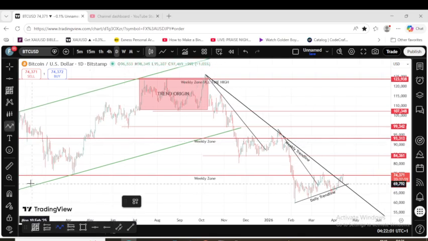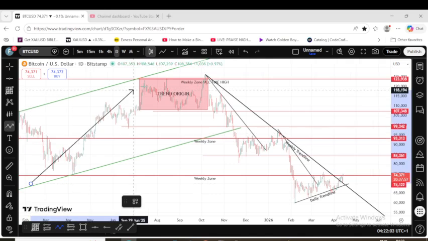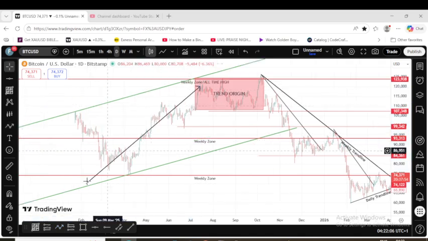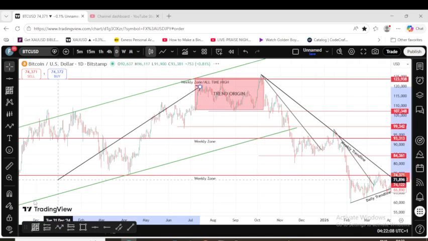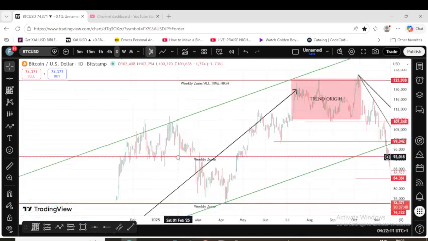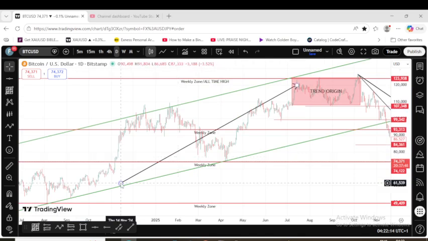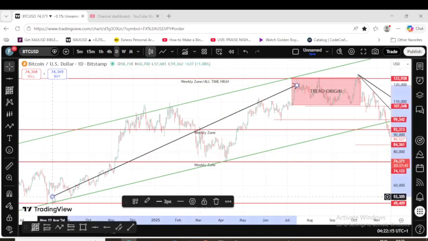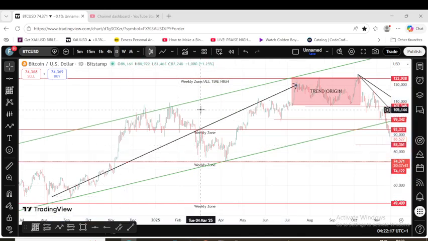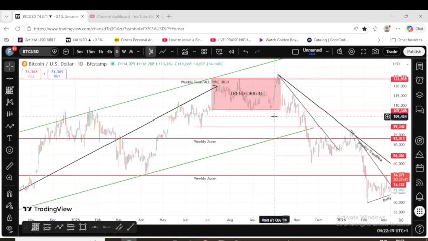Price was originally coming from an upward trend. Let's go back a bit. You can see that price was originally coming from an upward trend, before I go to this red box that we've identified here.